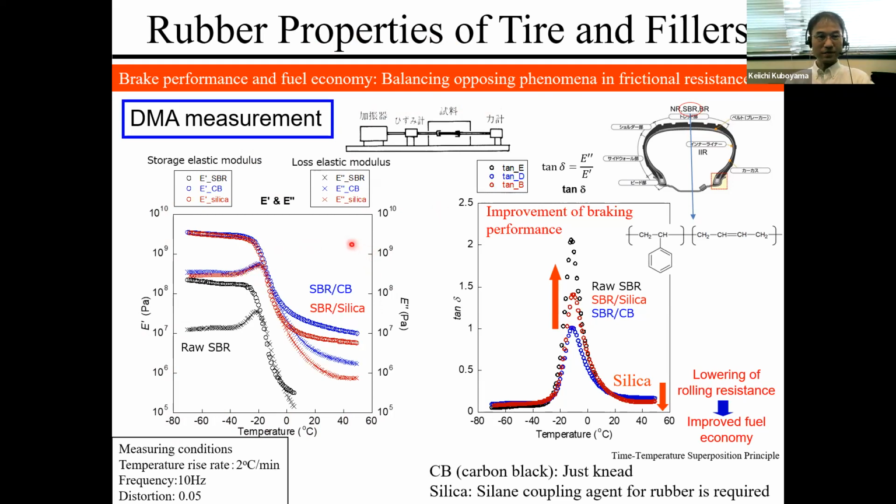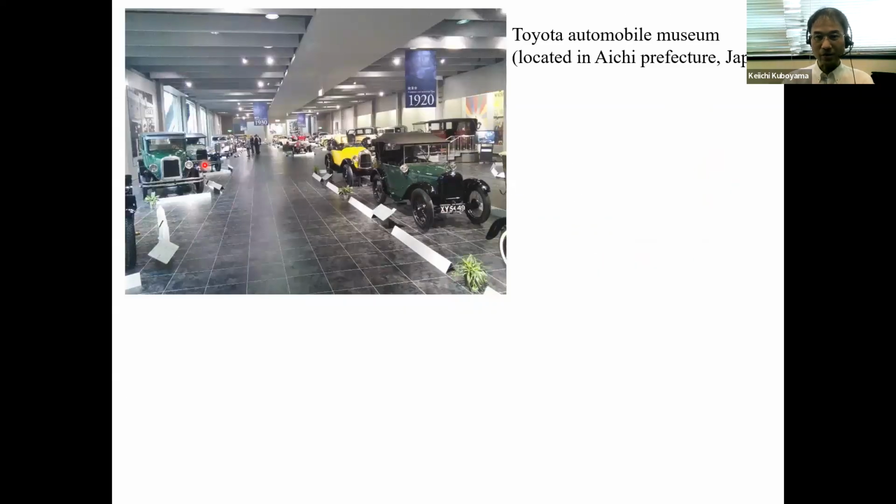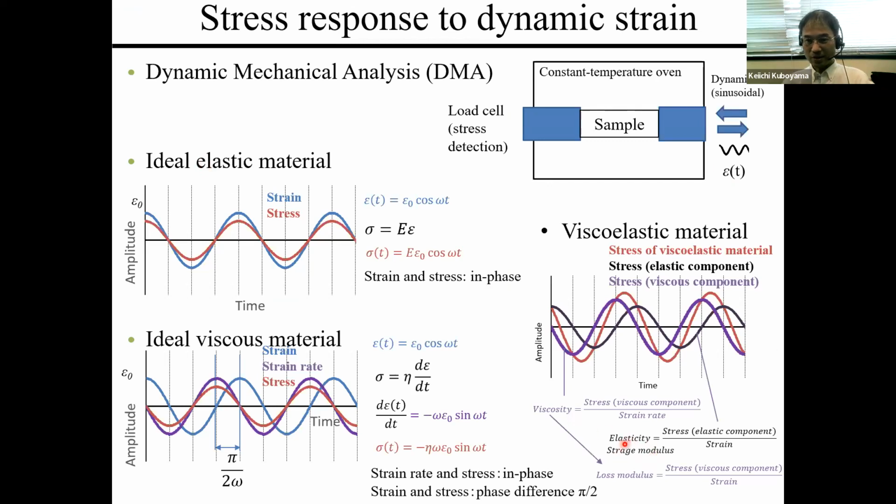And this one, E prime, means storage elastic modulus. Previously I forgot to explain: I showed you this equation and explained that this one is elasticity. But when you compare with loss modulus, you can say this one is storage modulus.